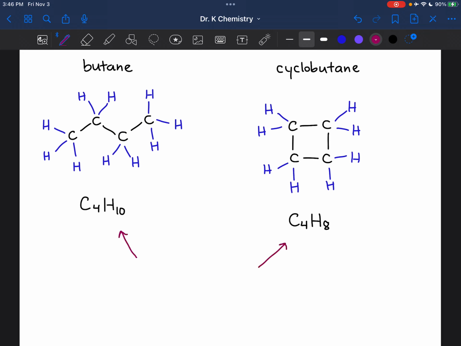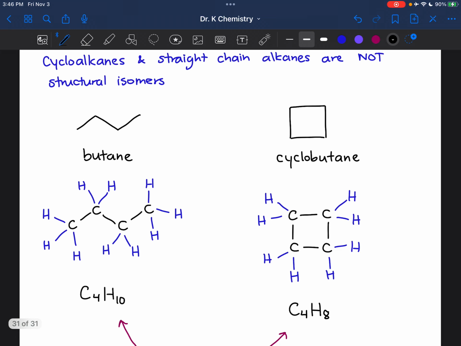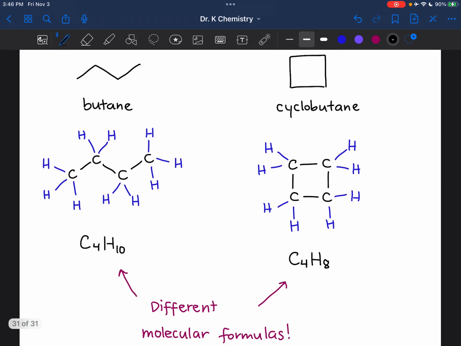These are different molecular formulas. And this is why they are not structural isomers. So in order for molecules to be structural isomers, they have to have the same molecular formula, but different atom connectivity. Sure, here we have different atom connectivity, but the molecular formulas are not the same, so these are not structural isomers.